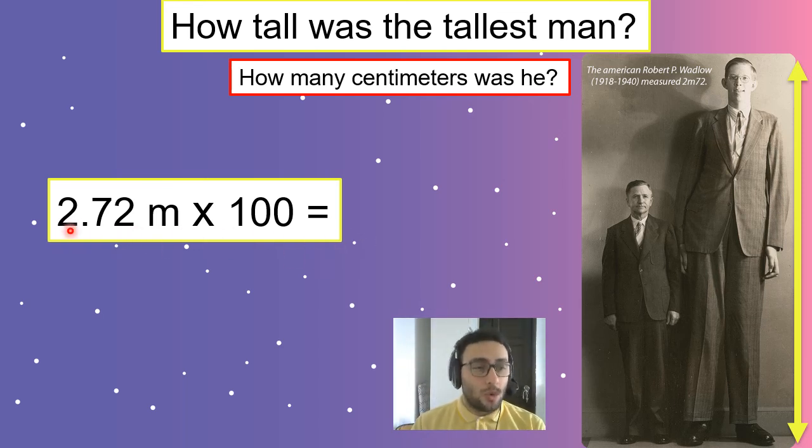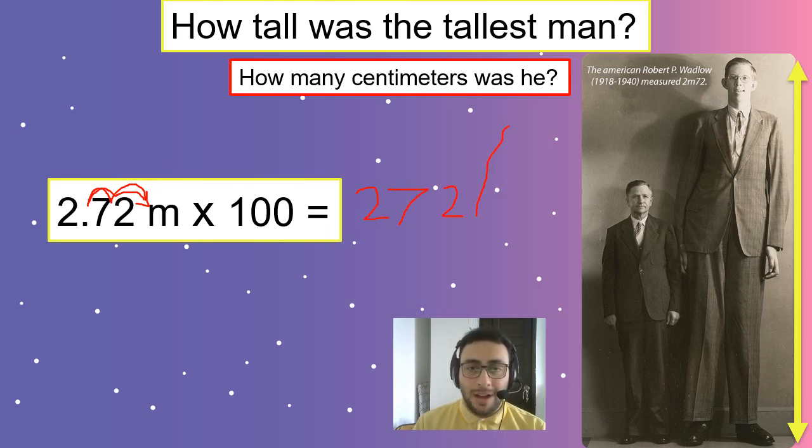So, 2.72 meters times 100. You see, it's easy. Just the point, you remember the point came in, right? This time the point goes out. So it's 272.